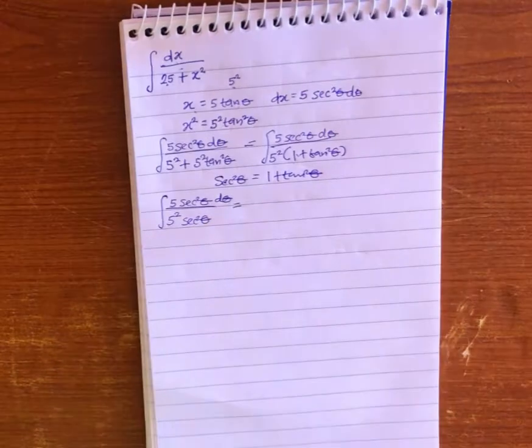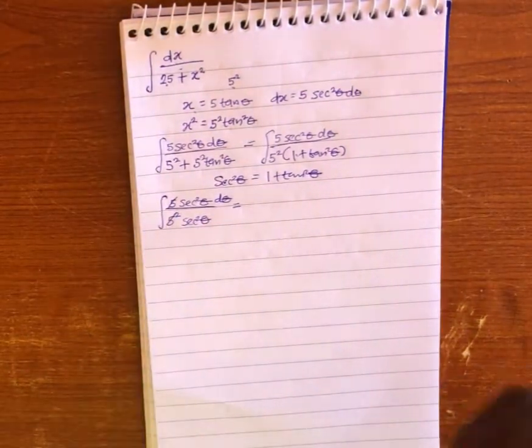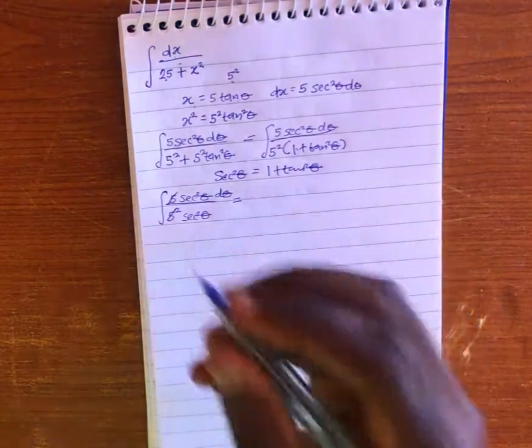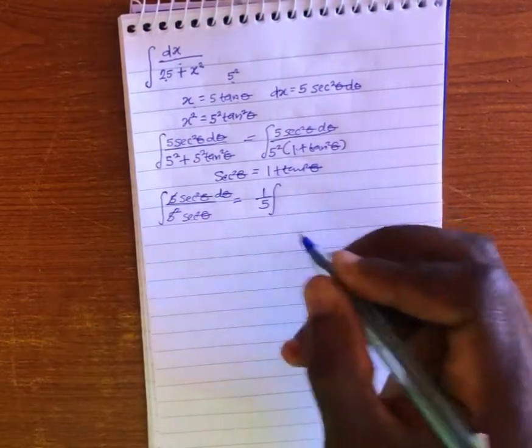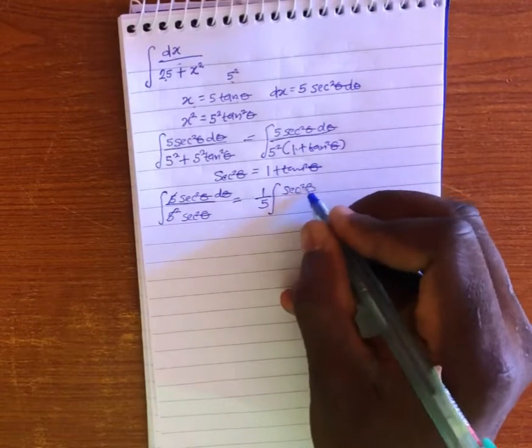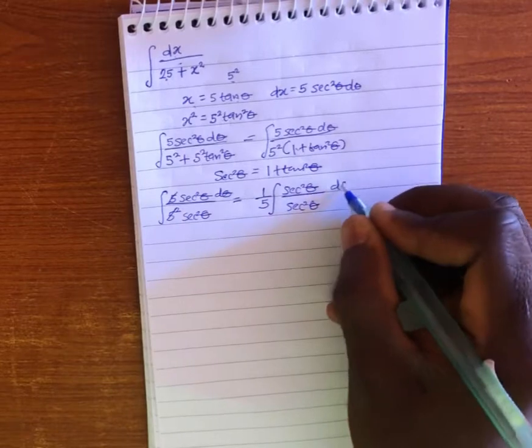So I can reduce this to 1/5. Let me factorize the 1/5. I'm having 1/5 integral of sec squared theta divided by sec squared theta d theta.